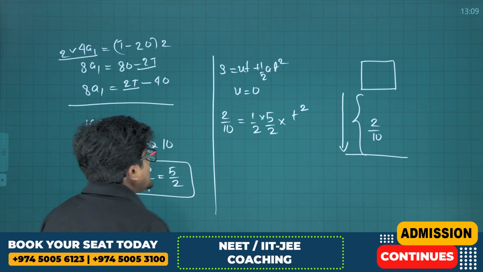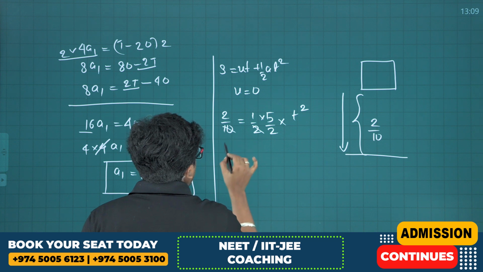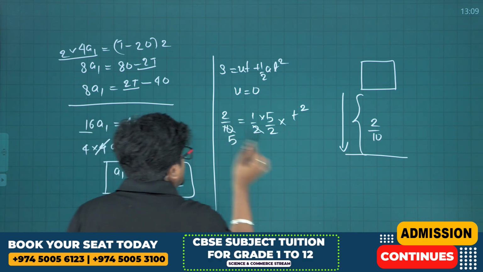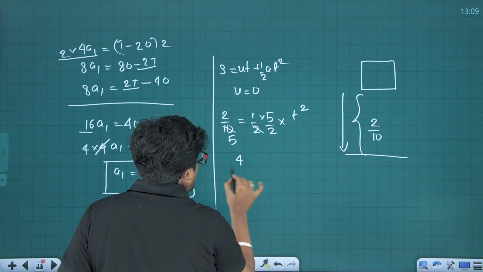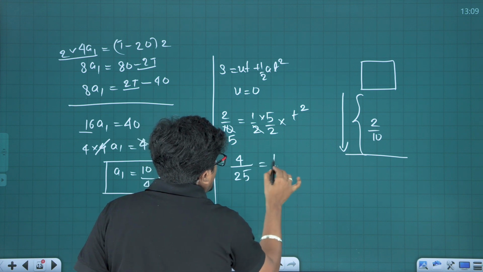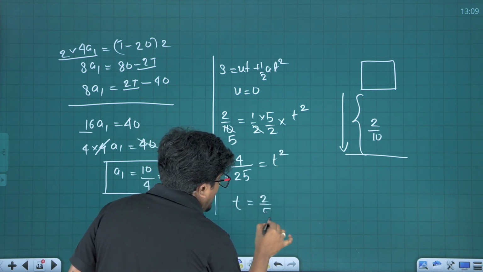Is that fine? Now doing so, what I can have is this one and this one will go. Here this is going to be 5. Rearranging this, here this is going to be 2 2s are 4 and here this is 5 5s are 25. That's equal to t square, or I can say t is equal to 2 by 5.